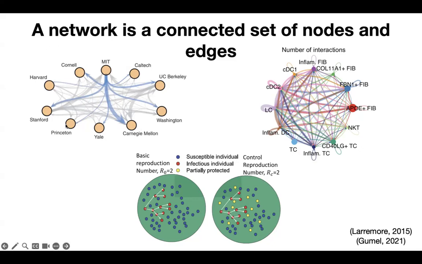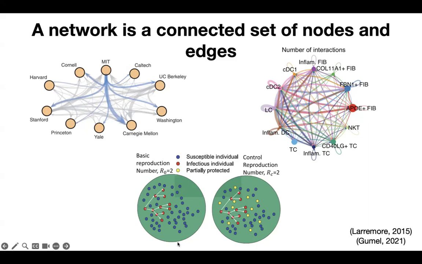So on the left-hand part of the screen, on the upper half, we have a network. And in this paper, the authors were using this network to look at the hierarchy in faculty, the whole faculty hiring process at Ivy League institutions versus just general public institutions.